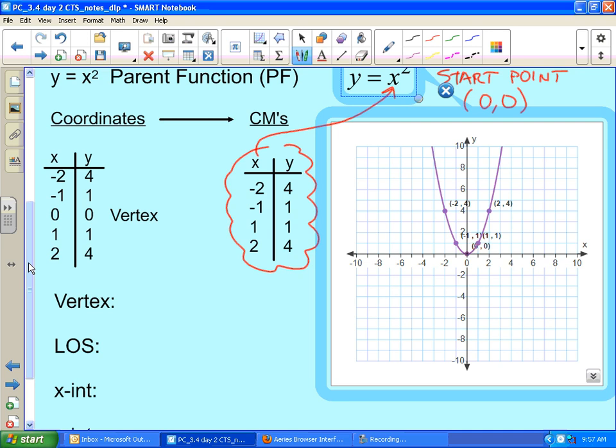What would you do? In your own words, people, come on. How do you describe a vertex to somebody?